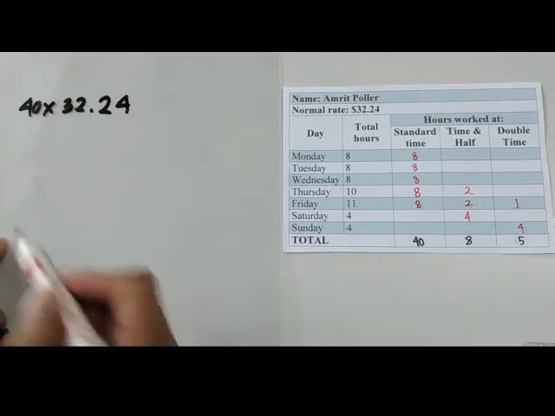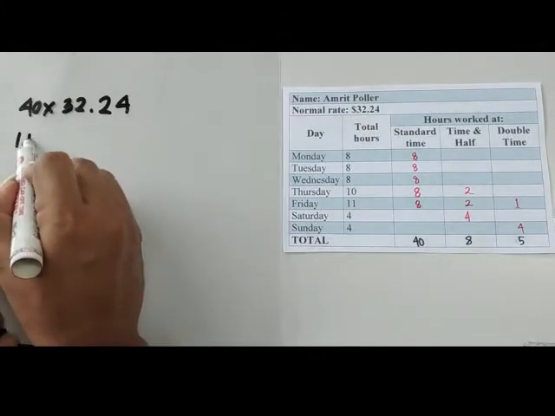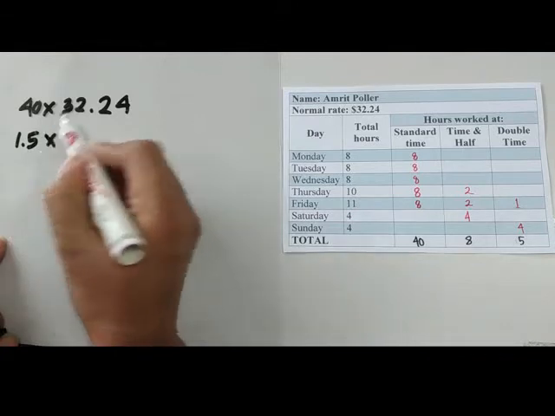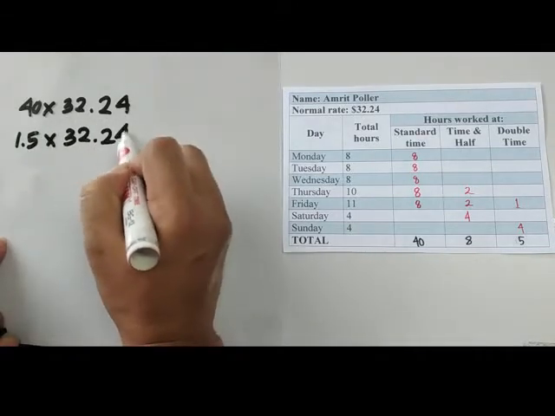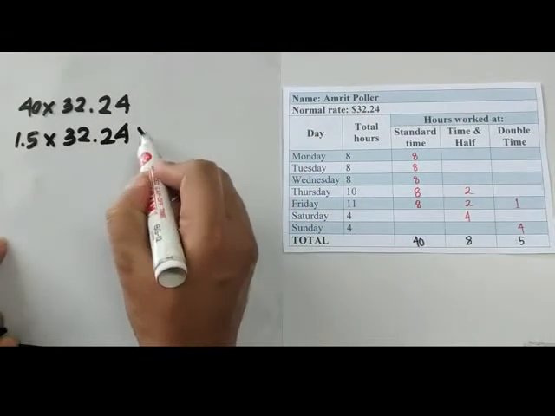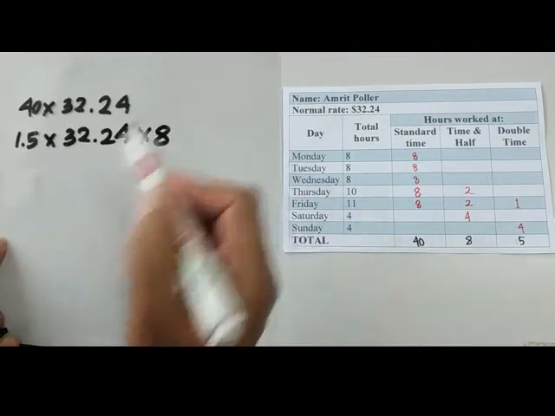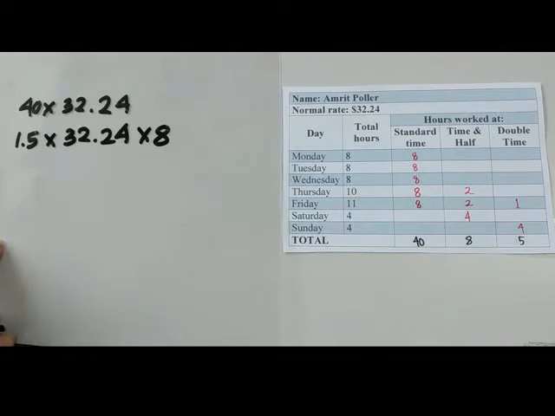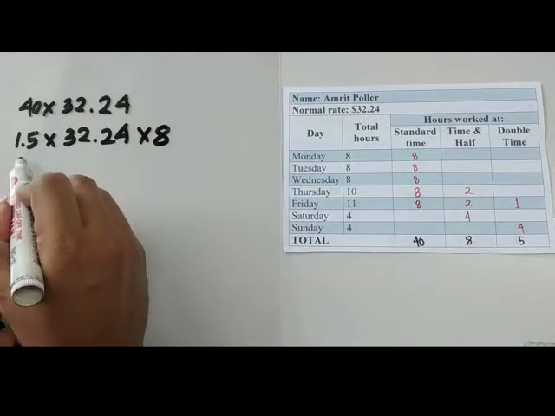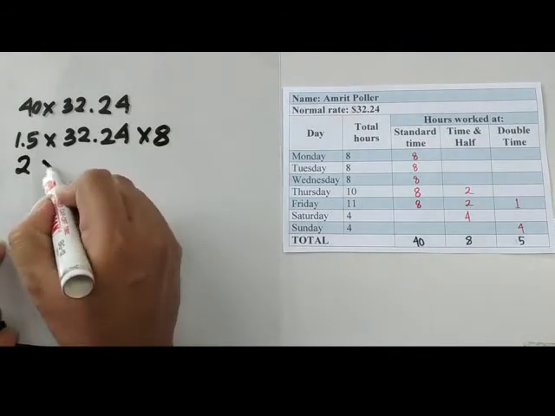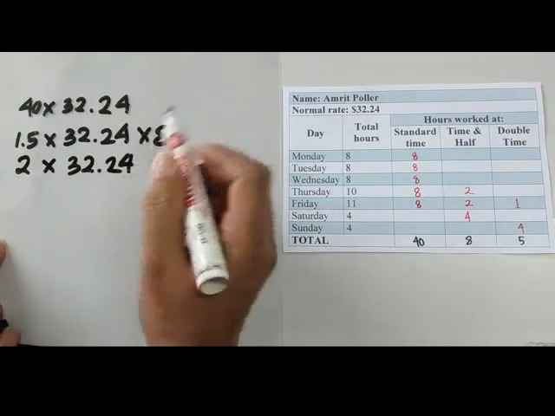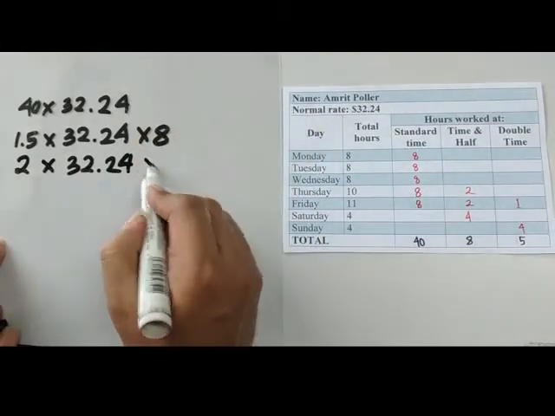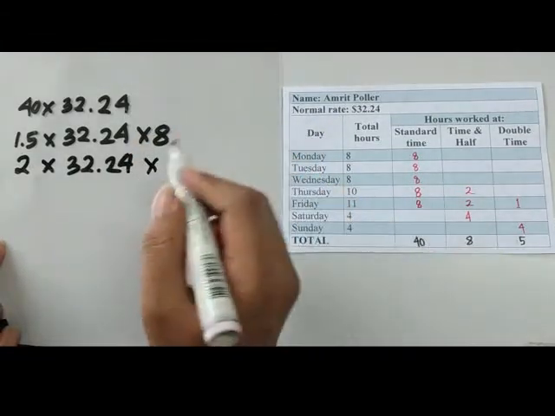For time and a half, we multiply 1.5 times 32.24, and then times 8, the total hours of time and a half. And the third is double time, where we multiply 2 times 32.24, the normal rate, times the total hours, which is 5.